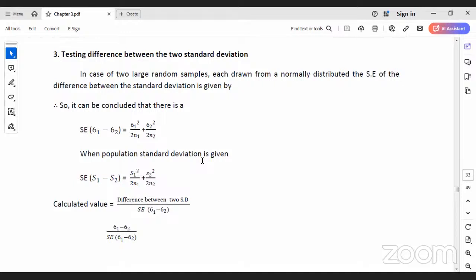When population standard deviation is given, the standard error of sigma1 minus sigma2 is equal to square root of sigma1 square by 2 n1 plus sigma2 square by 2 n2. So the calculated value is equal to the difference between two standard deviations divided by the standard error. Okay, so this is the formula. Please take a photo.